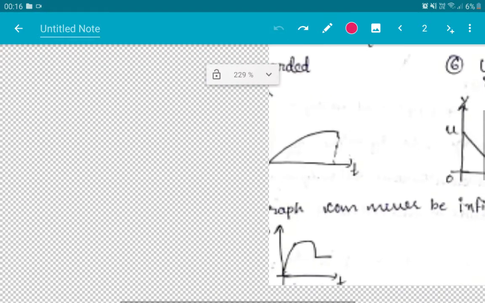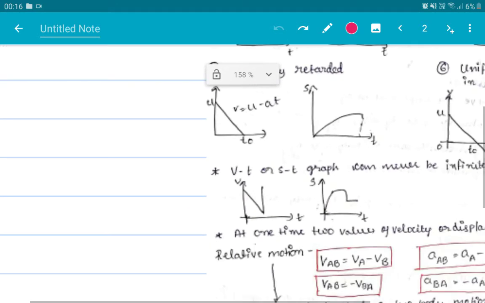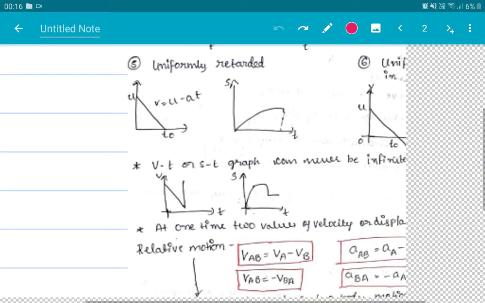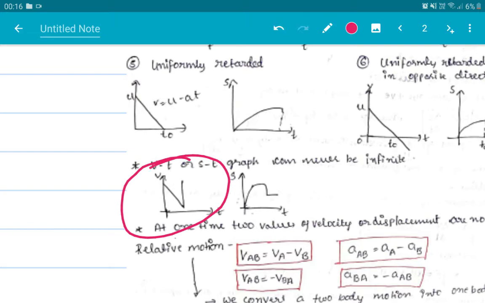And next one, these are graphs that don't represent anything, it can never be like this. Why can it never be? Because at the same time for a particular particle there cannot be two speeds or two displacements or two distances.